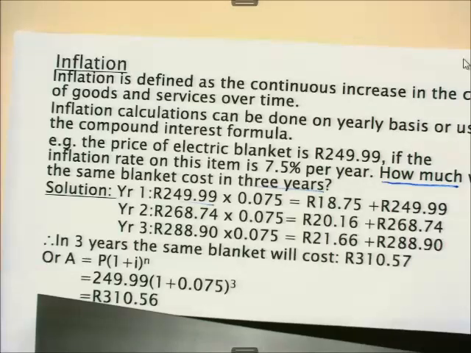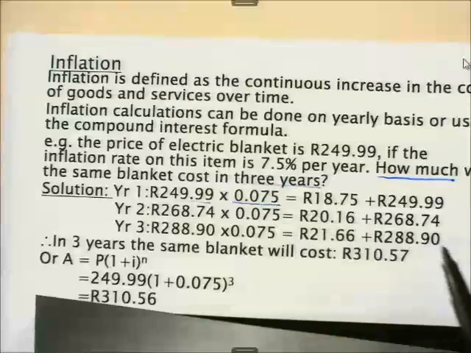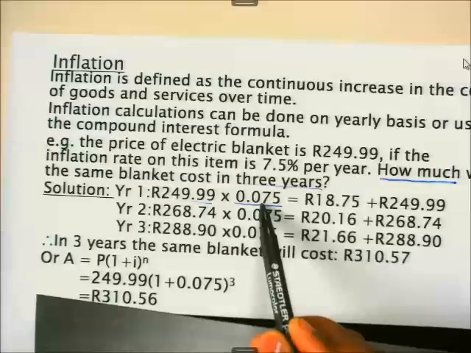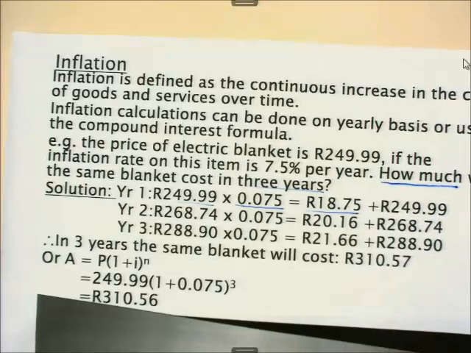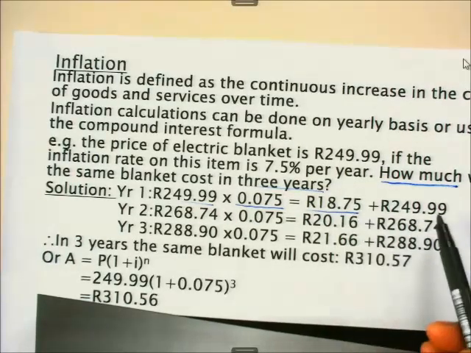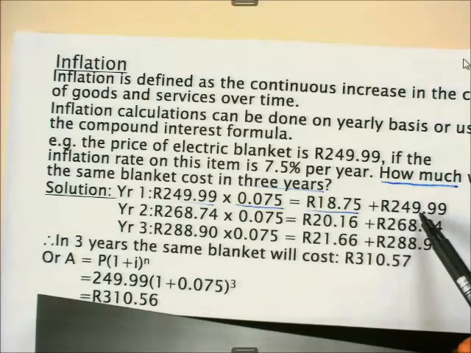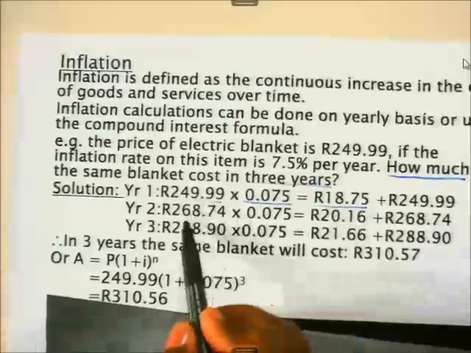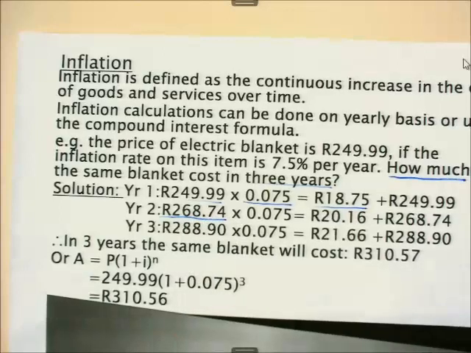Now we will multiply by 7.5%, and if we multiply this amount by 7.5%, we end up with 18 rands 75 cents. Then if you add 18 rand 75 cents to the original amount of 249 rand 99, you end up with 268 rand 74 cents. That's year 1.